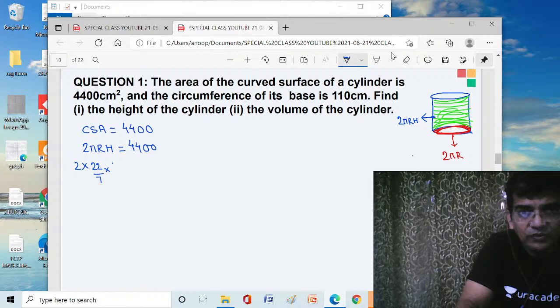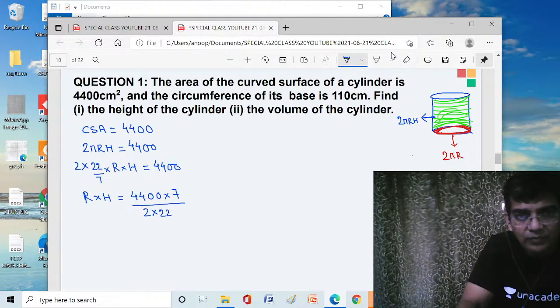So we get r into h on the left side, and on the right side, if I cross multiply, 22 into 2 will give you 44, so this will reduce and give you 100.